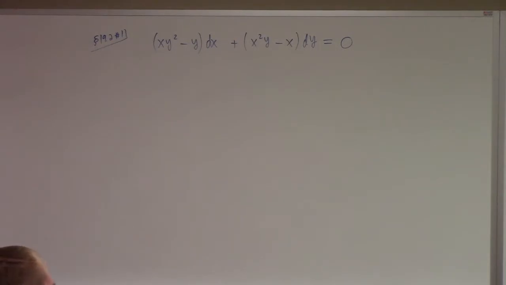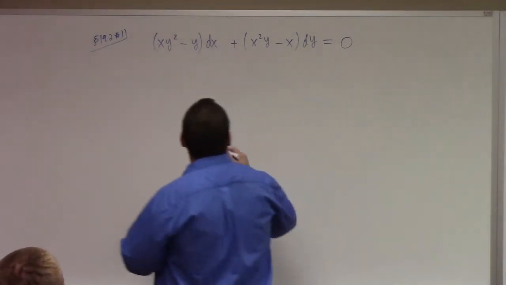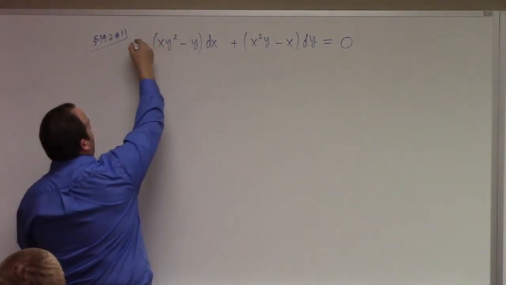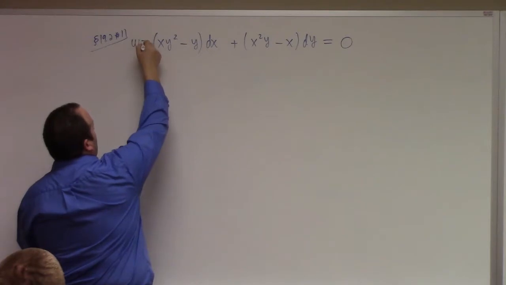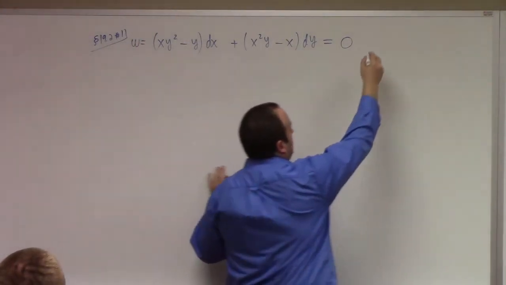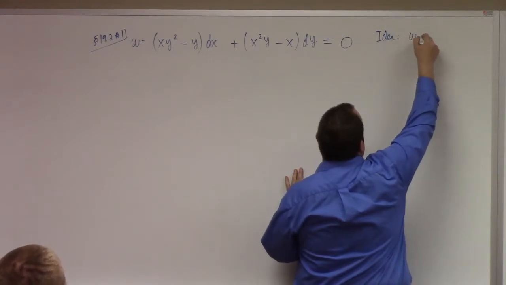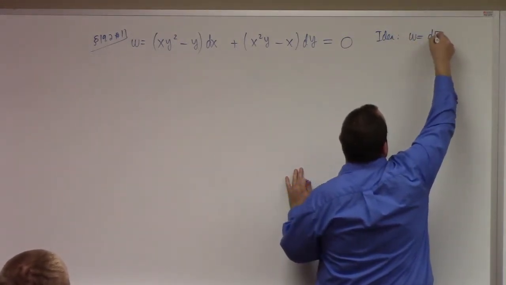In the language I was using the other day, we would like to solve this differential equation if it's an exact equation, all right? I think this will be exact from the language here. All right, so how do we solve this differential equation? What did we say? We call this omega for just a second. And so the idea is that omega is actually equal to df for some function f.